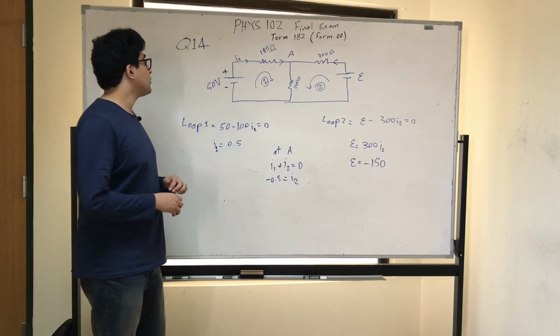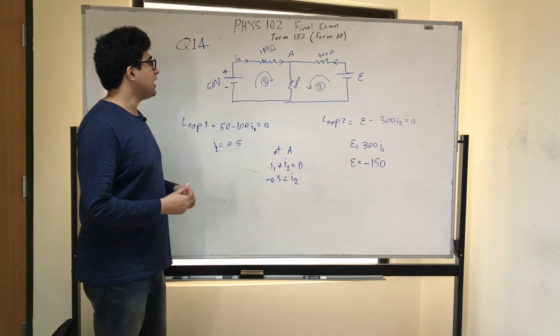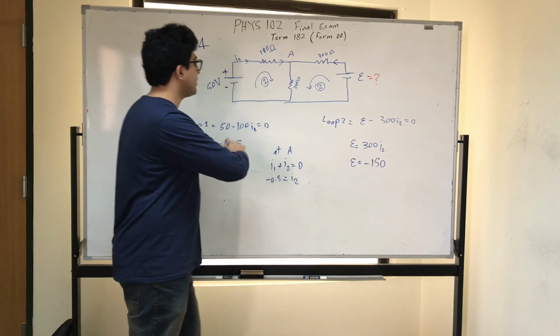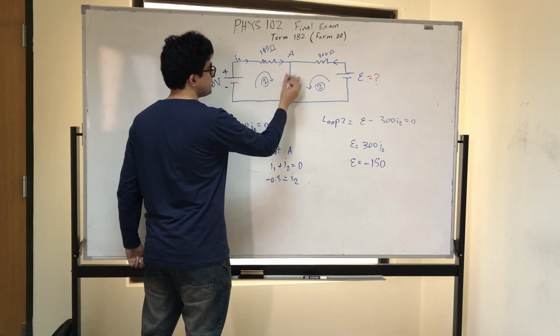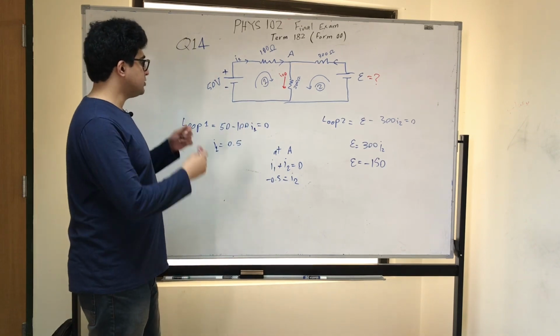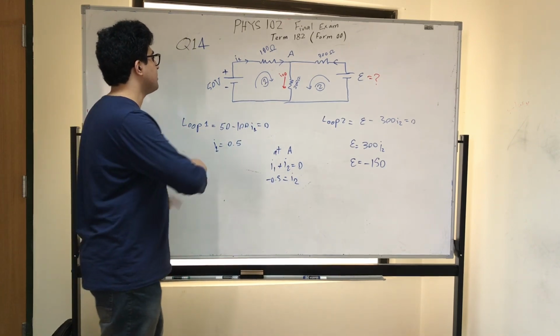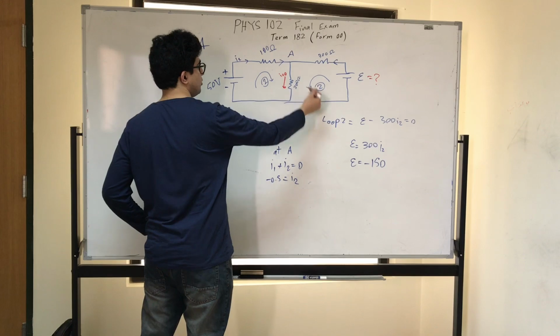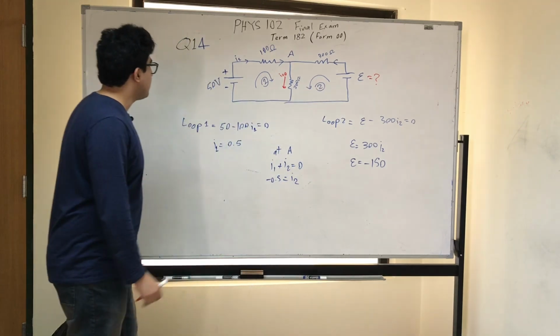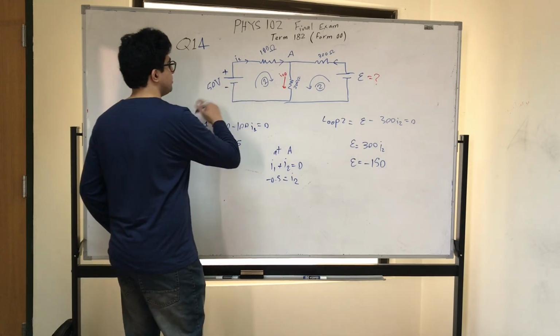All right, guys, for question number 14, we're asked to find the value of this EMF, knowing that the current through this resistor is equal to 0. So what I'm going to do is I'm going to take some loops, this loop and this loop, and try to solve for that EMF. So let's now begin with this loop.